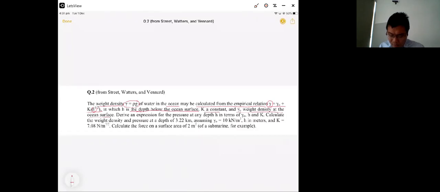We write an expression for the pressure at any depth h in terms of gamma 0, h, and k. Then you have to calculate the weight density and pressure at a depth of 3.22 kilometer, assuming gamma 0 is this one, the weight density at the ocean surface, s in meter, and k is this one.